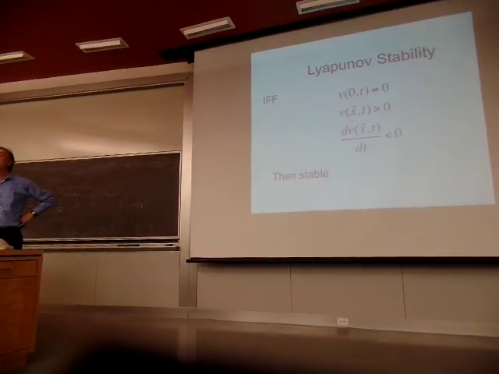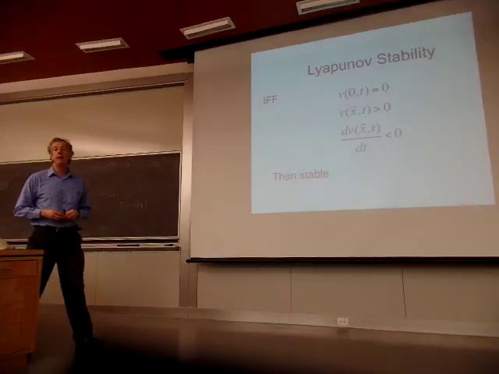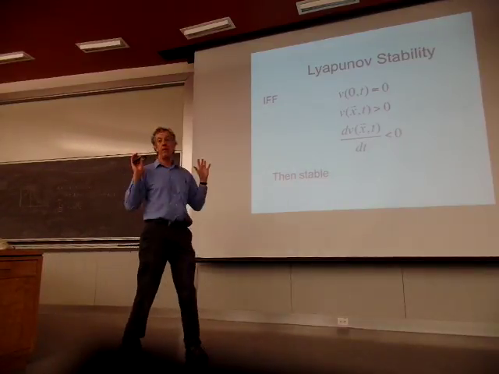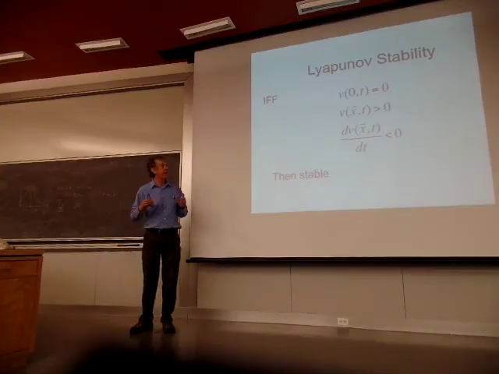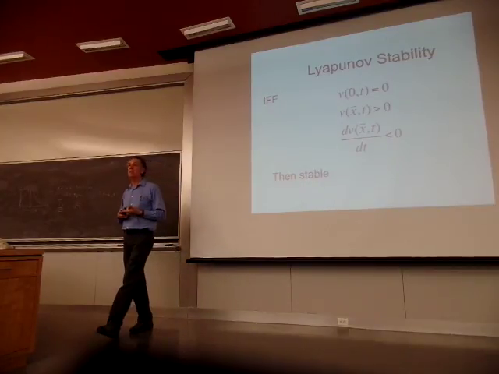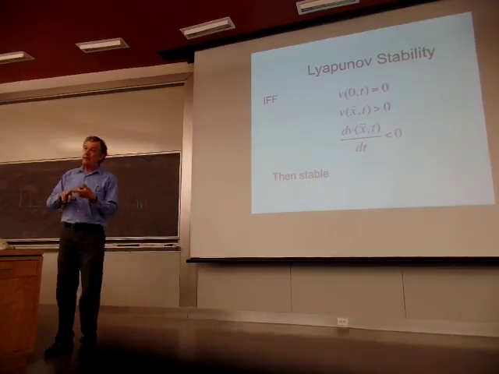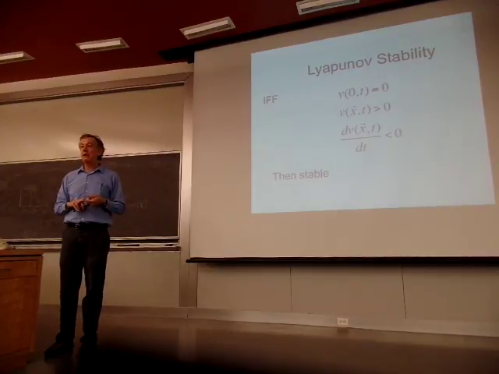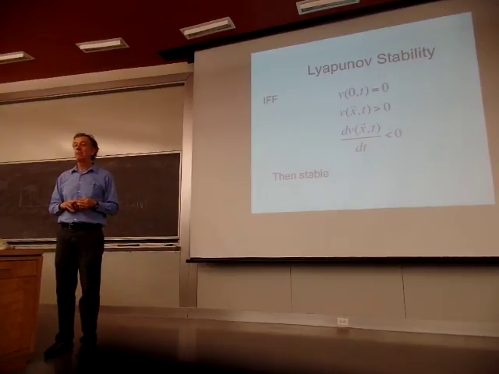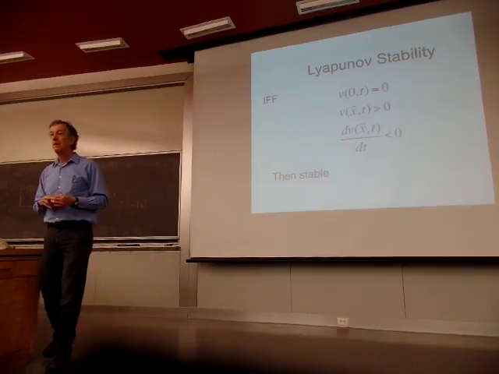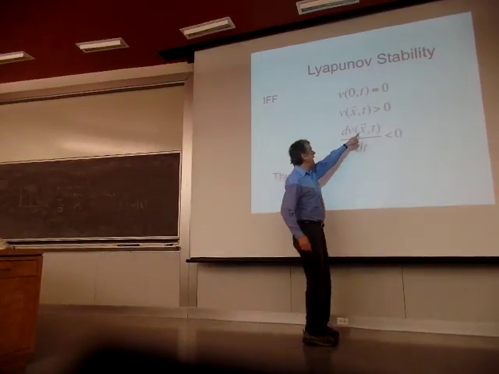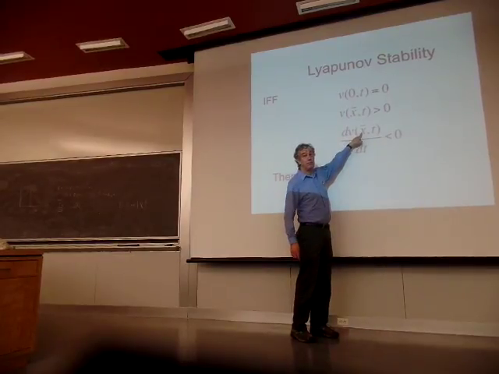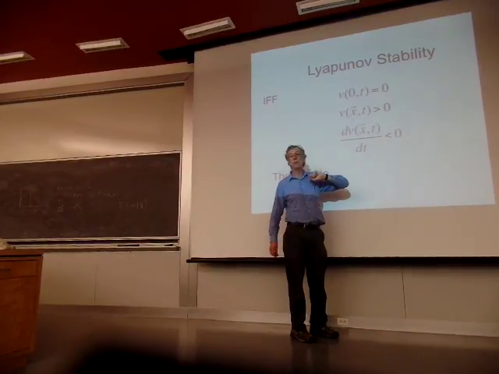Wait, so this V, is it velocity? No, it's a scalar. Okay, some scalar function. And it's a function of all the states and time. So energy is an example of one of these functions. And what are the two variables there, the 0 and the t, or the x and the t? These are the states. So it says if all the states are 0, for any time, the Lyapunov function must be 0.